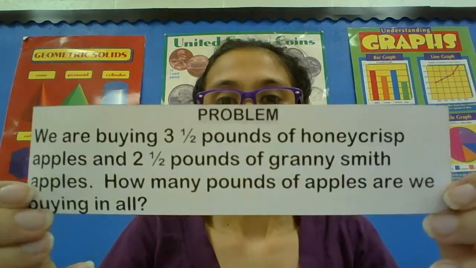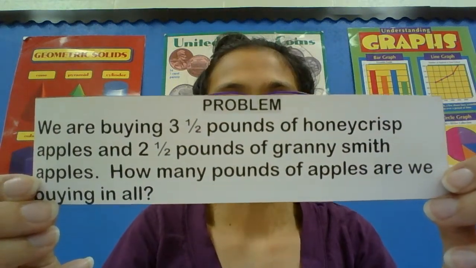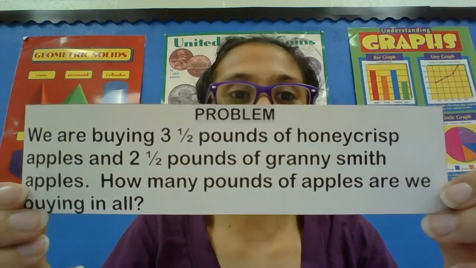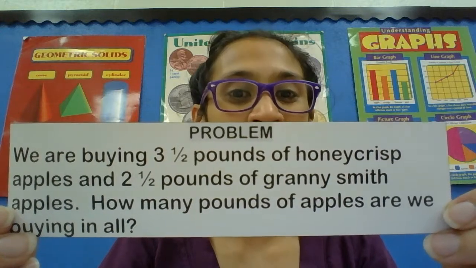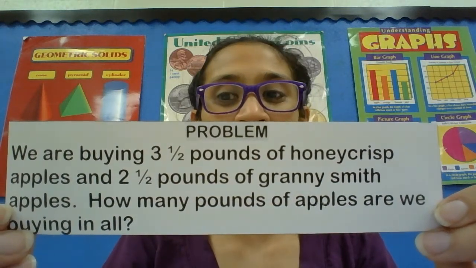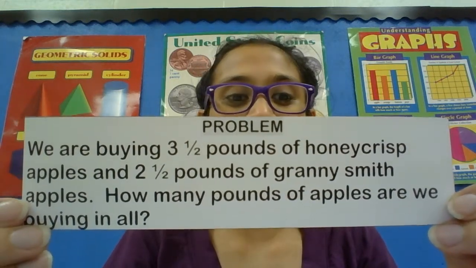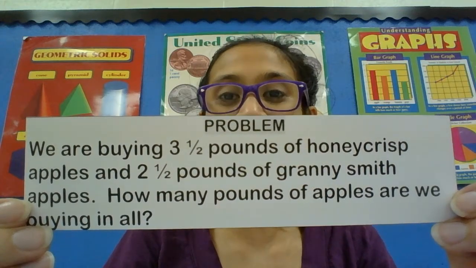Okay, problem number 2 is this right here. We are buying 3.5 pounds of Honeycrisp apples and 2.5 pounds of Granny Smith apples. How many pounds of apples are we buying in all?